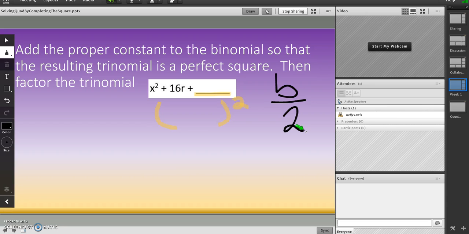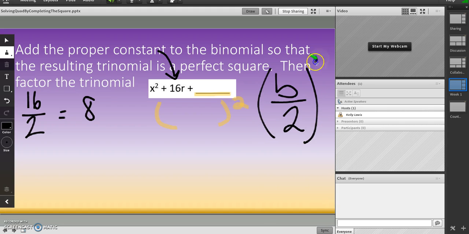And remember, b is the number touching x. So we're going to do 16 over 2. We get 8. And it's called completing the square, so we're going to square it. So we get 64.